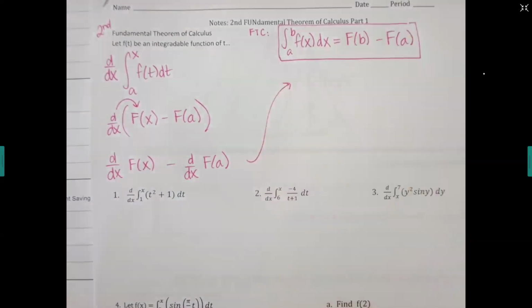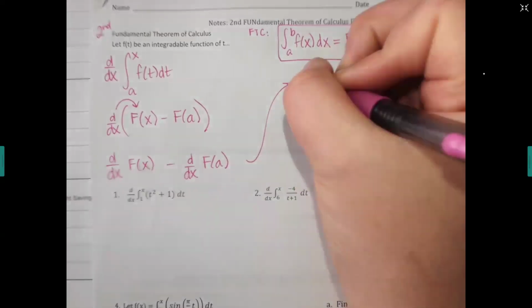Okay, we're almost done. Now remember the relationship: little f, when I take the antiderivative, goes to big F. So now think in reverse. If I have a big F, and now I want to take the derivative of it, what would it go back to? Regular f. So this is going to go back to regular f of x.